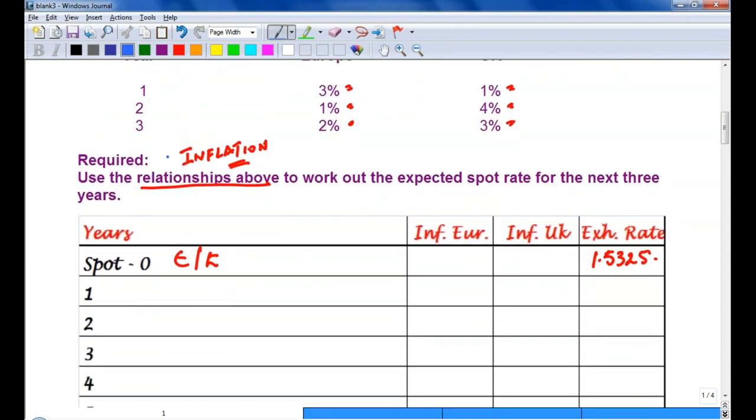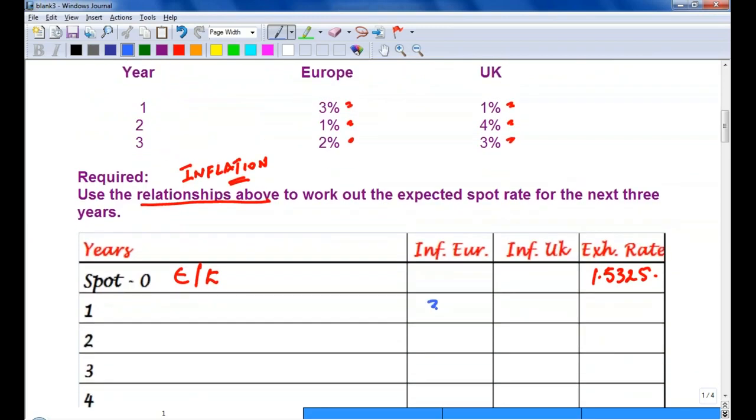Now how does it work? Inflation in Europe year 1 is 3%, and UK is 1%. So 1.5325 multiplied by 1 plus 3% divided by 1 plus 1%, and you can calculate accordingly.